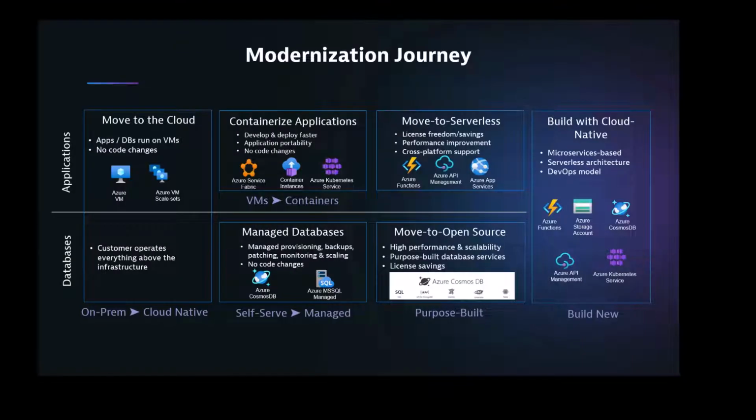Now, your journey to modernization takes place in multiple phases. First leg of your journey is to rehost and reallocate your application into Azure. Now, rehosting is just lifting and shifting an application from virtual machines and physical machines and hosting them on VMs in Azure.